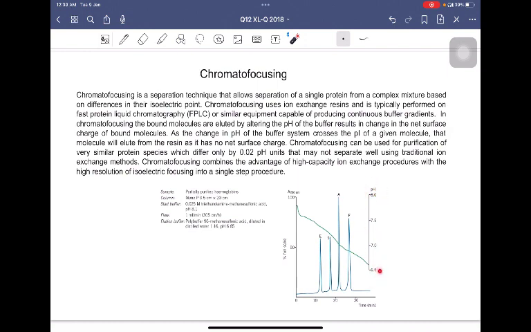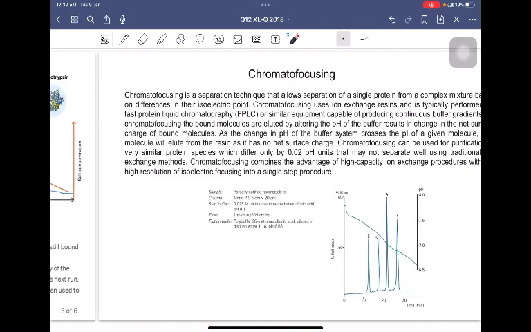From that, we decrease the pH to pH 6.5. And in that, the proteins are eluted, right? So these are the four proteins that are eluted. And this actually depends on the pI of the protein, or the isoelectric point.